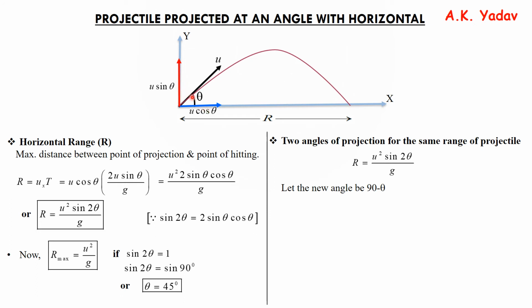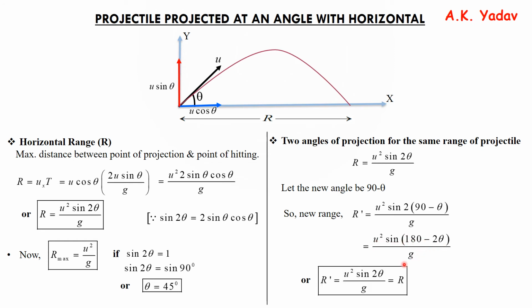So this will result in a new range R dash, which is equal to u square sin 2 into 90 minus theta upon g, which can be written as u square sin 180 minus 2 theta upon g, or R dash is equal to u square sin 2 theta upon g, which is equal to R, because sin 180 minus theta is sin theta. So whether the angle was theta or 90 minus theta, the range remains the same.